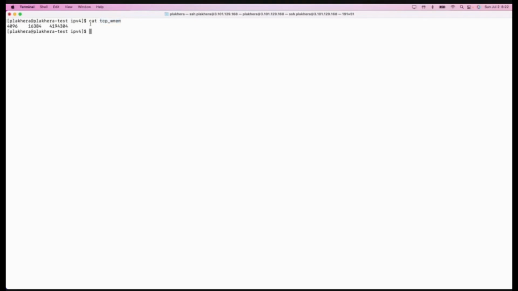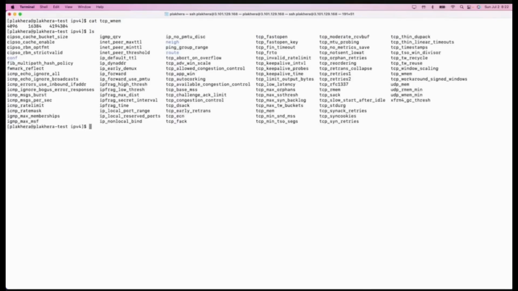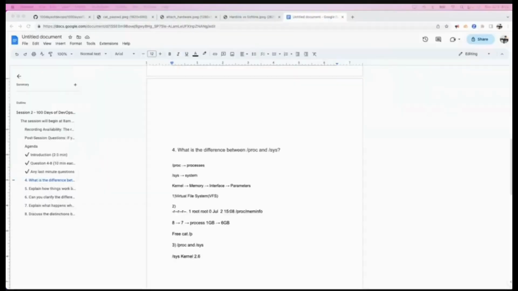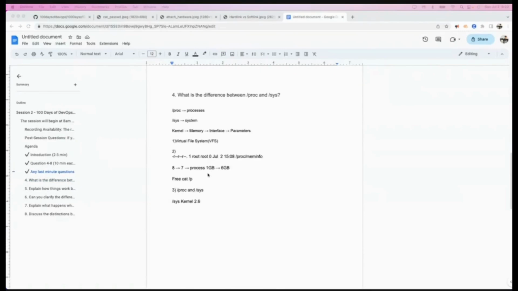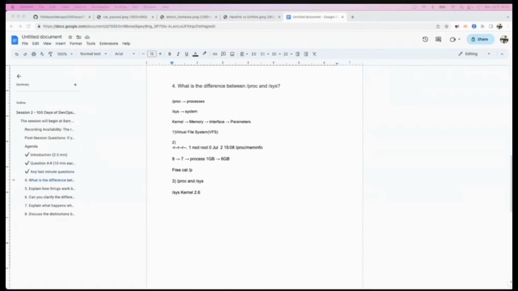You can do that inside this directory, proc/sys/net. These are some examples, but I know we have already used like 22 minutes, so I want to cover this up. Just the last-minute thing: proc is for processes and sys is for the system or device-related information.